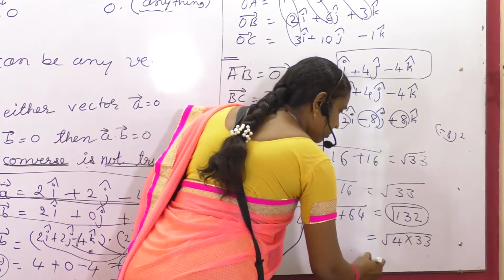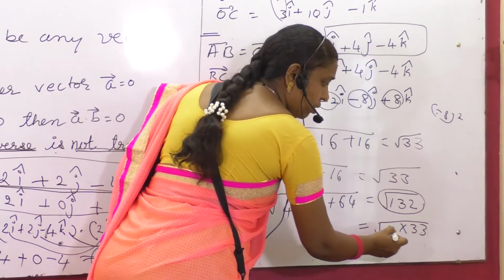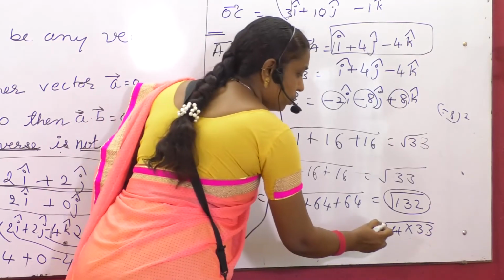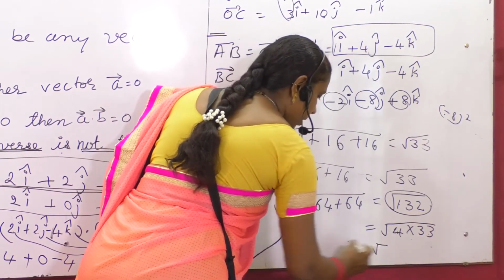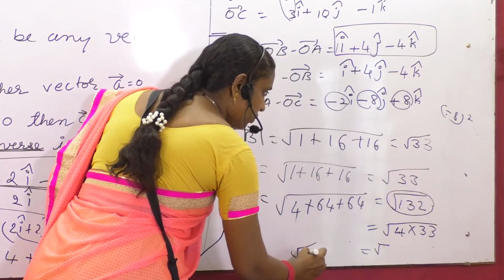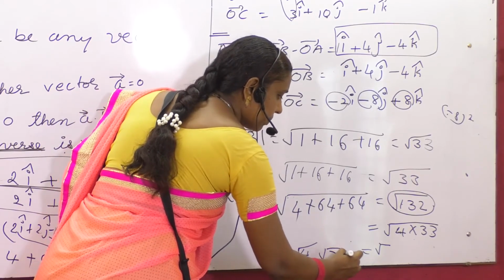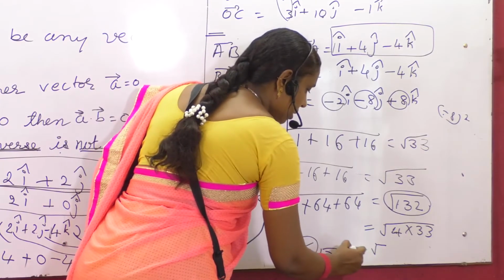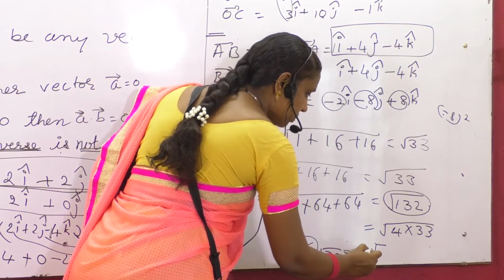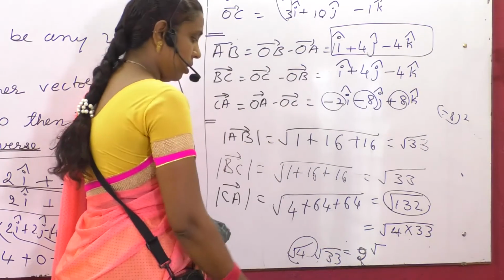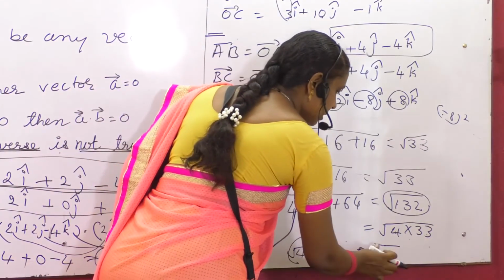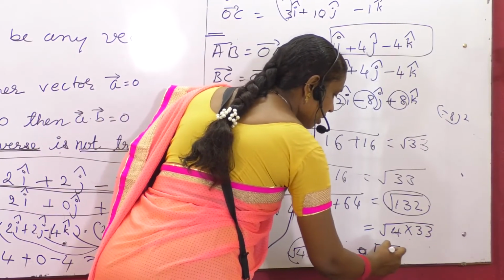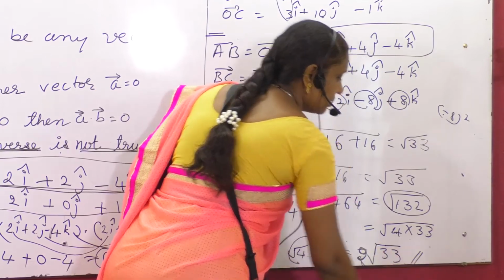Then what we do, we will distribute this root over both the elements: root 4 and root 33. What is root 4? Root 4 is 2, am I right? And root 33. So this is what the answer is.